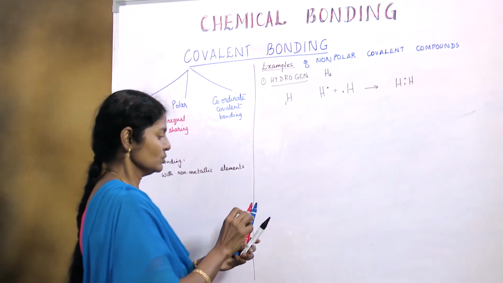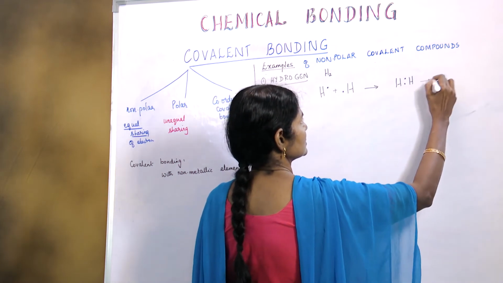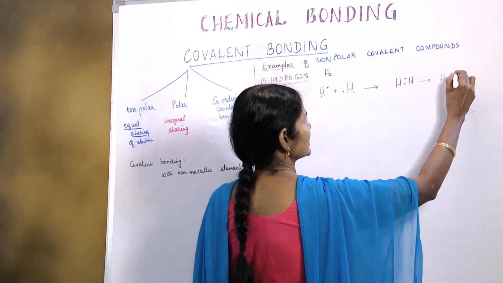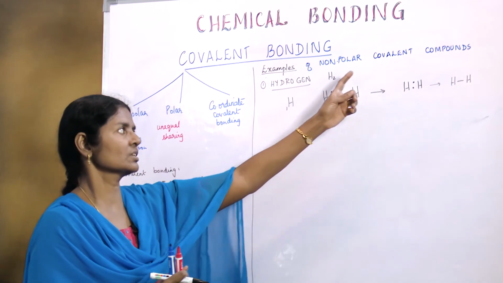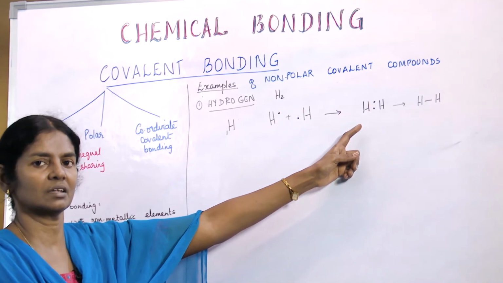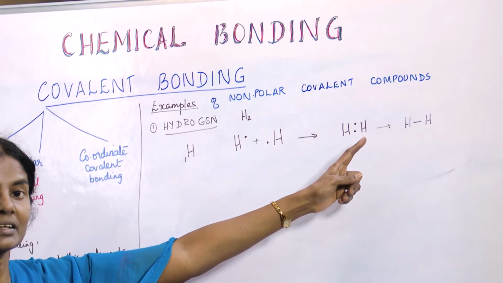Now there is a bond formed between the two hydrogen atoms, and the bond between these elements in covalent compounds is represented by a dash.